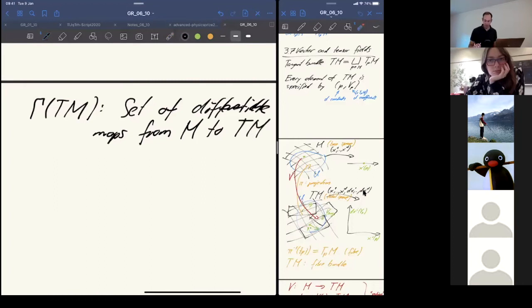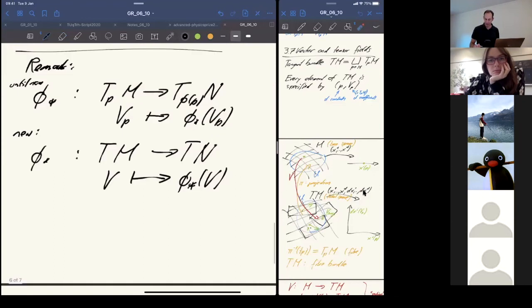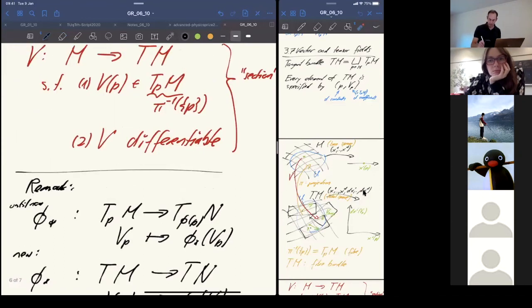So essentially, I don't want to repeat myself, the set of such maps. By such, I mean, let's make a star here so that you can refer to it.